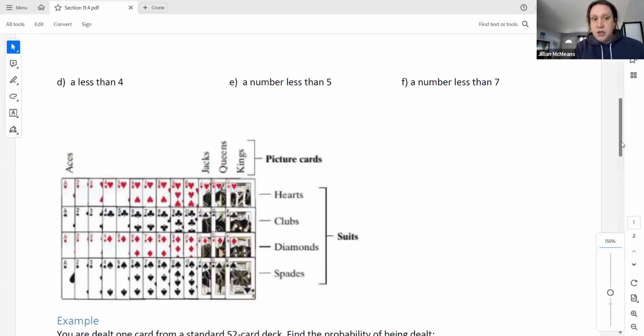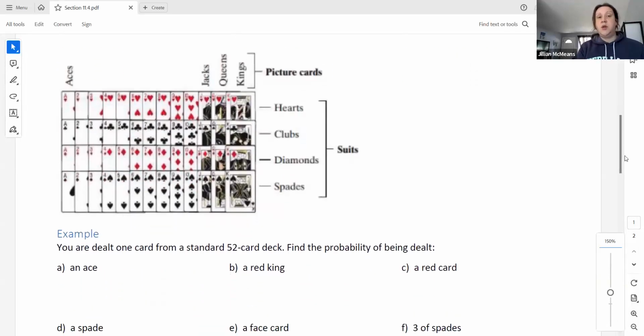Indeed it is. It's a little bit hard to see because it is blown up, but basically there are what we call suits. There are 4 suits in a deck of cards. You've got hearts, clubs, diamonds, and spades. Each suit contains 13 cards. So if we annotate this, there are 4 suits, 13 cards each.